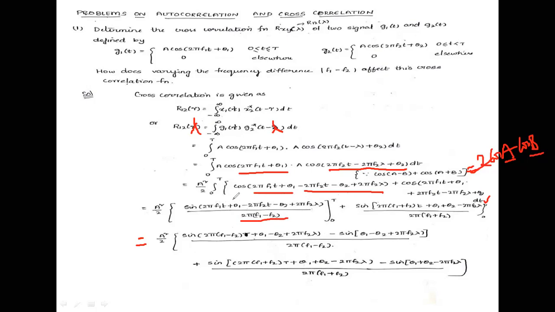The two t terms become 0. The remaining is theta 1 minus theta 2 plus 2 pi f2 lambda, and the denominator is the same.